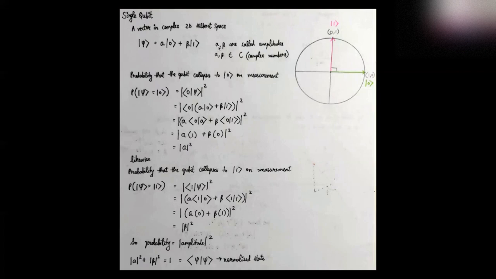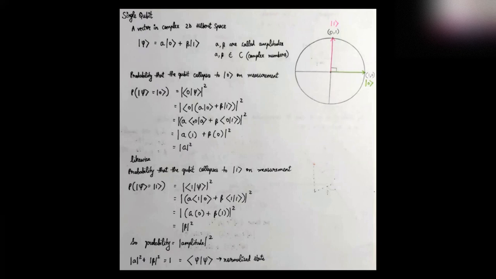And we've understood by now that alpha and beta are complex numbers and they are called amplitudes. Now if we want to know, once we measure the qubit, will it collapse to state 0 or state 1, then we can take the inner product of state 0 with the psi-ket that we have, like so, and square its absolute value.